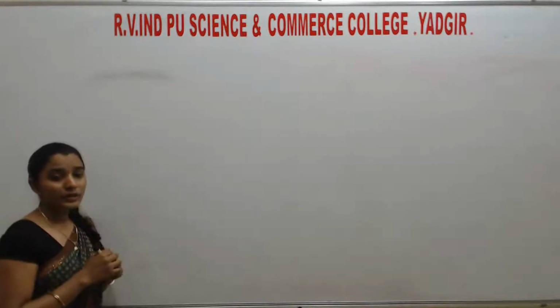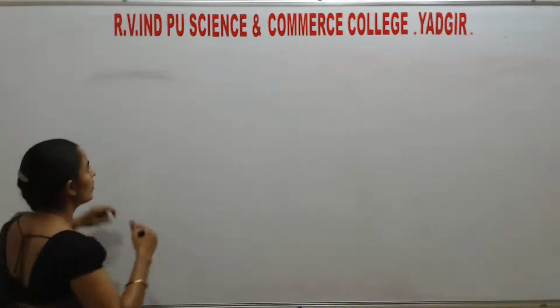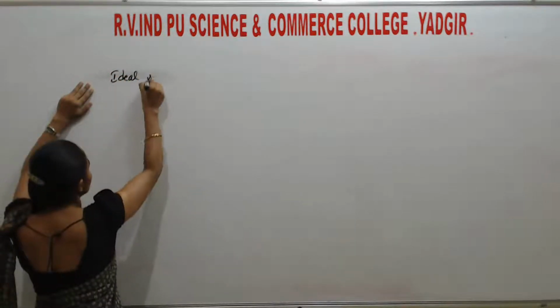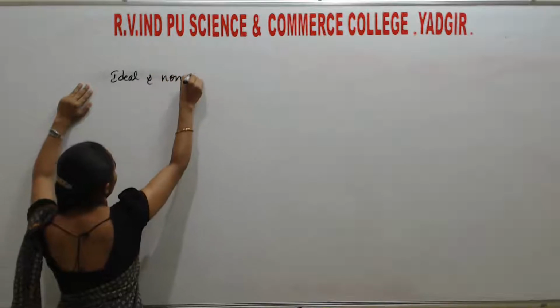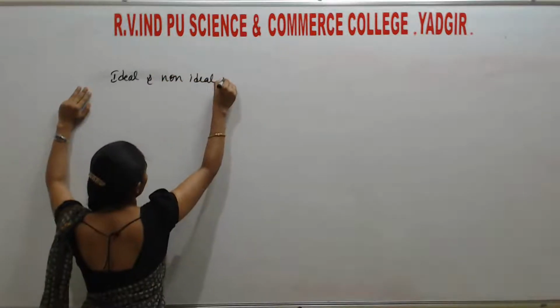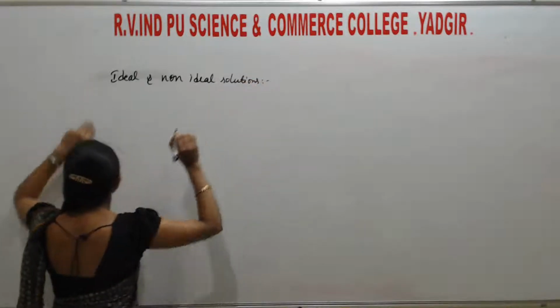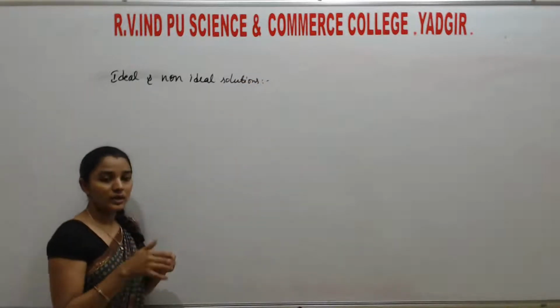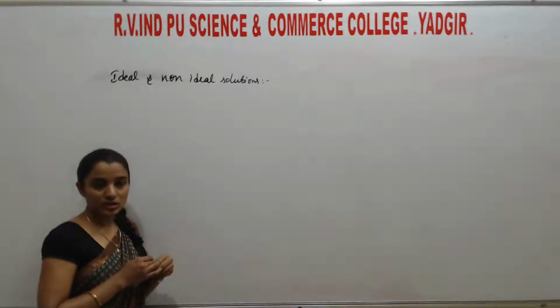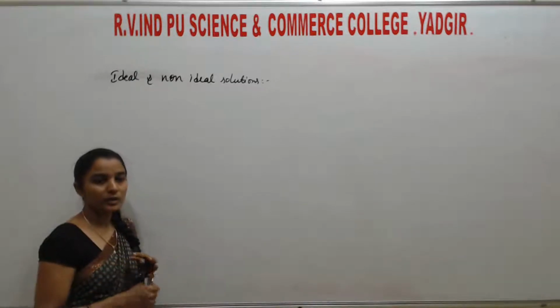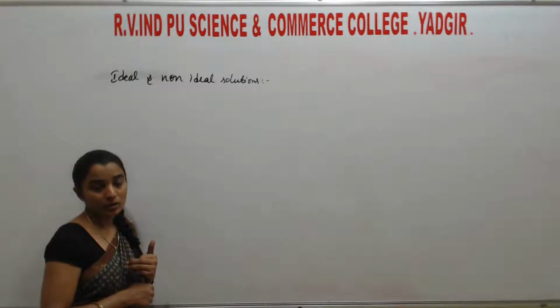Liquid solutions form ideal and non-ideal solutions. How, students? When liquids are mixed with each other, one should have minimum volatility and another maximum volatility.